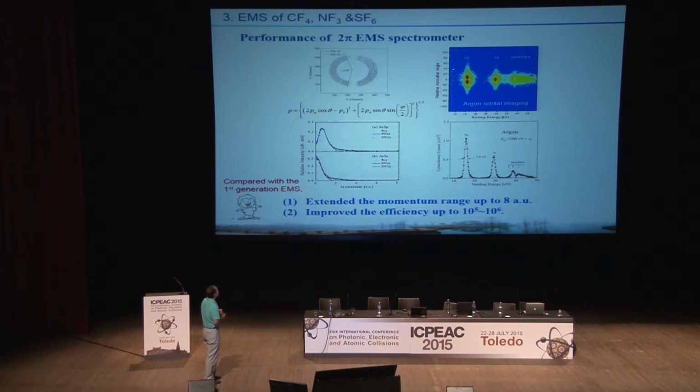From this picture, we can get the two-dimensional energy and angular electron density map. We can get the electron momentum profiles.